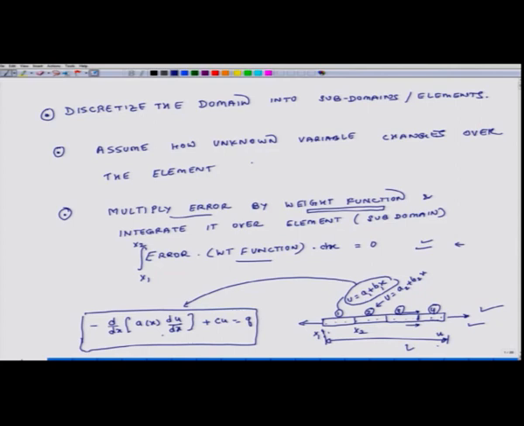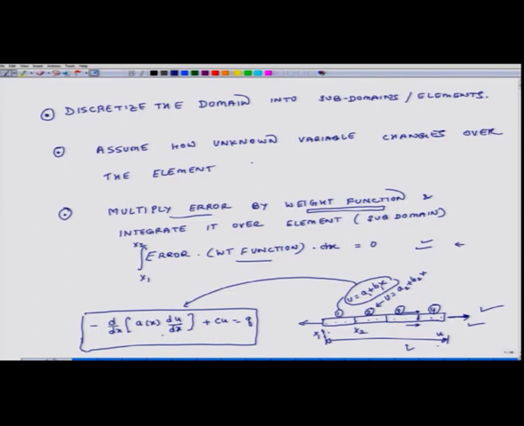So, for instance, in this problem, the boundary condition would be that at x is equal to 0, there is a force on the left side, this is one boundary condition, and at x is equal to L, there is a tensile force which is getting exerted in the right side, or in the positive x side.